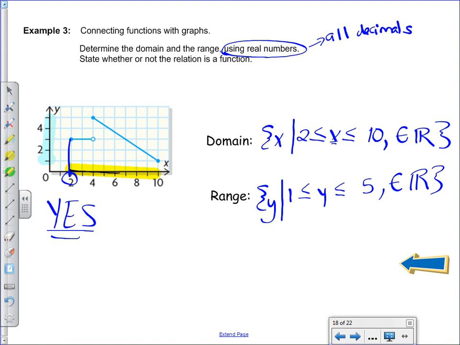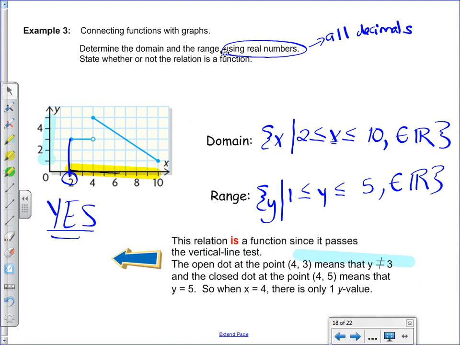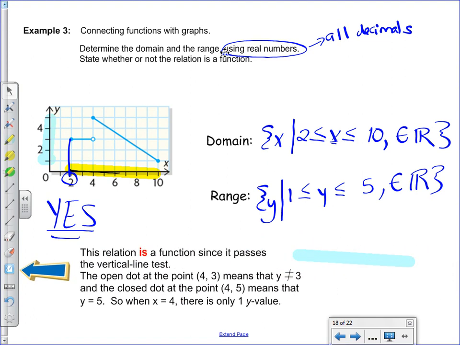So if I were to read this explanation, it says this relation is a function since it passes the vertical line test. The open dot, you don't have to copy this down as long as you know it. The open dot at the point (4, 3) means that y does not equal 3. And the closed dot on (4, 5) means that y equals 5.